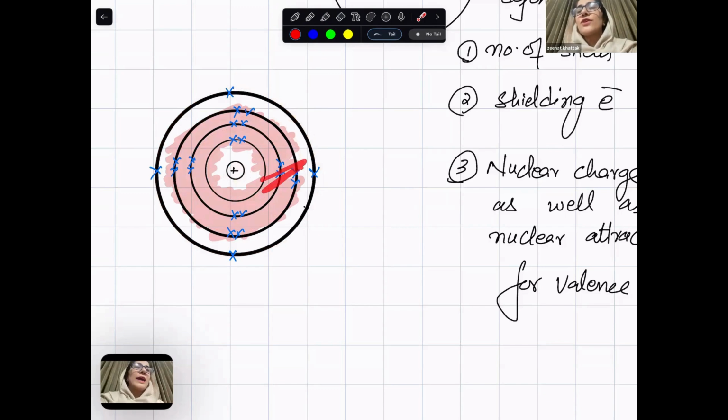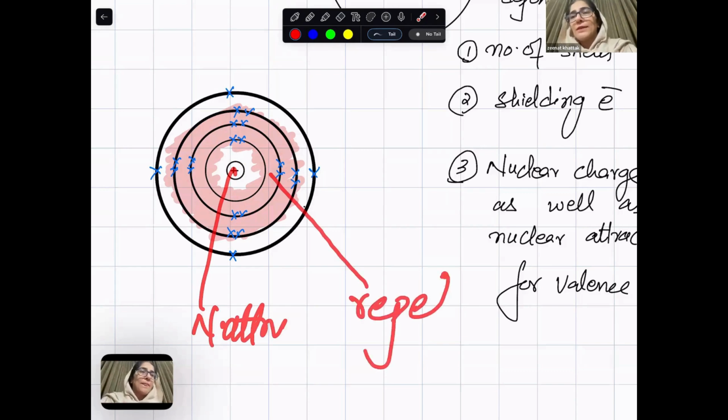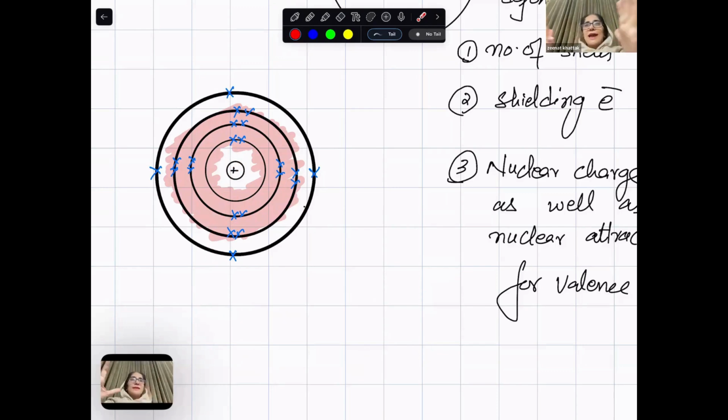These electrons repel each other. So the nucleus attracts all these, and they repel. These are two opposing forces, and they balance each other.